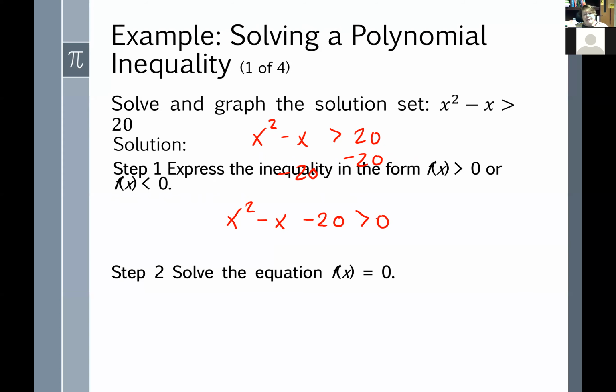So what this says is my function x squared minus x minus 20 is greater than 0. That means you have to plug in x's for this polynomial such that the value of that polynomial is a positive number. Greater than 0 means positive.